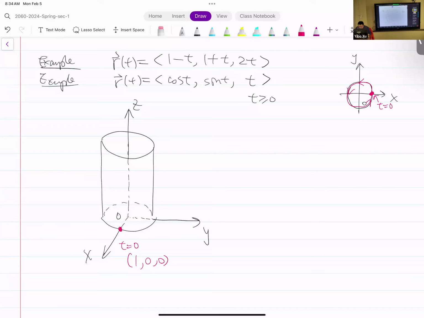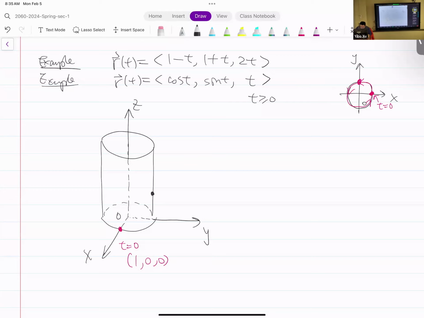But now the z value just increases, right? So let's say when we are at this point right here, that's actually t equal to pi over 2, right? So pi over 2 is the parameter that you need in order to get to this side, right here.